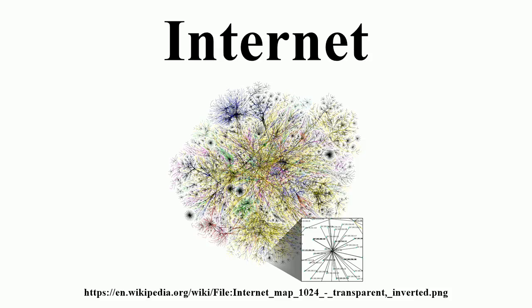Internet access points exist in many public places such as airport halls and coffee shops. Various terms are used, such as public Internet kiosk, public access terminal, and web payphone. Many hotels also have public terminals, though these are usually fee-based. These terminals are widely accessed for various usage, such as ticket booking, bank deposit, or online payment.